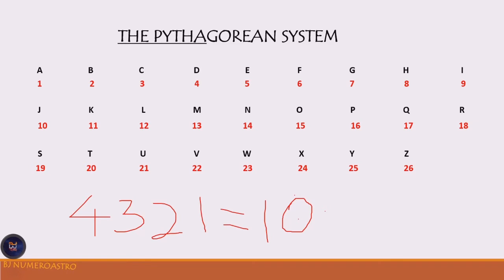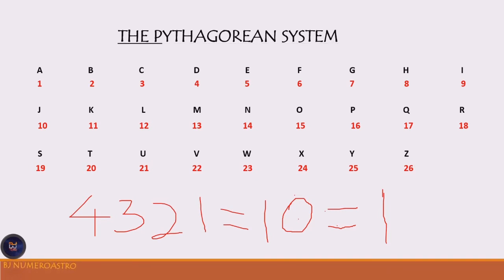Since we started from a 4 digit number and now we're having a 2 digit number, we still have something to do. Our aim is to reduce it to a single digit. So that 10 will now be equal to 1 plus 0. And what is 1 plus 0? That's 1. So 4, 3, 2, 1 in numerology is equal to 1.